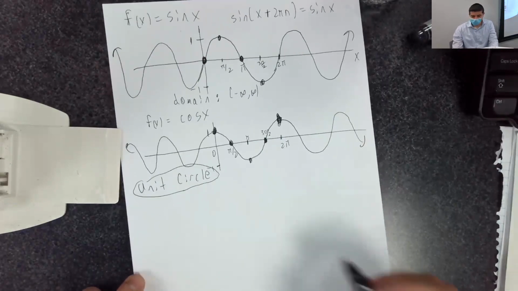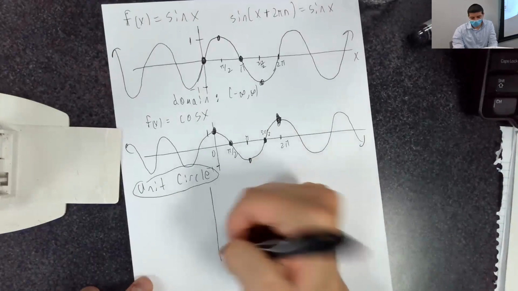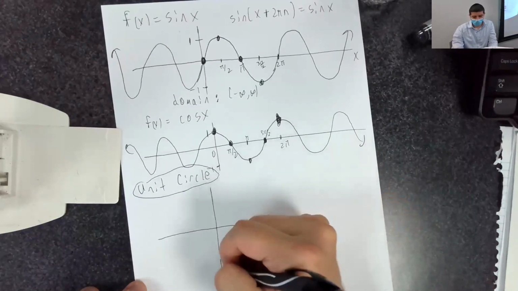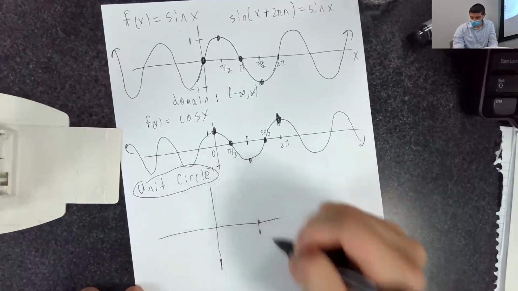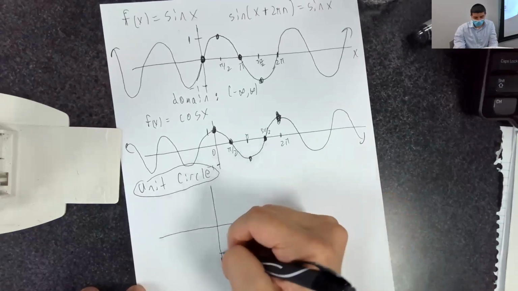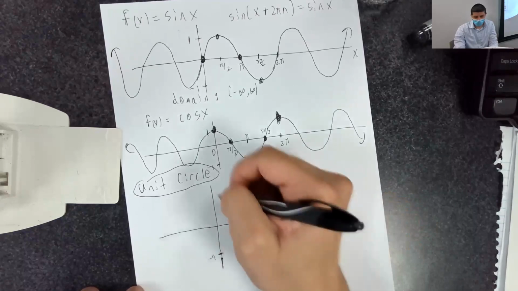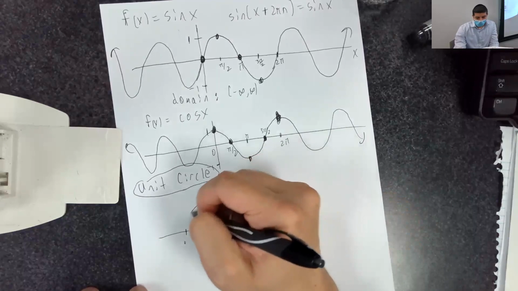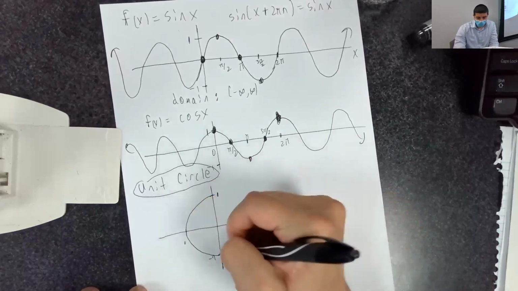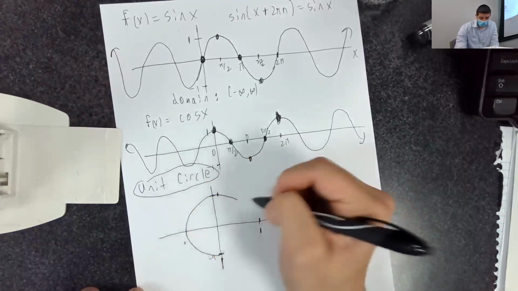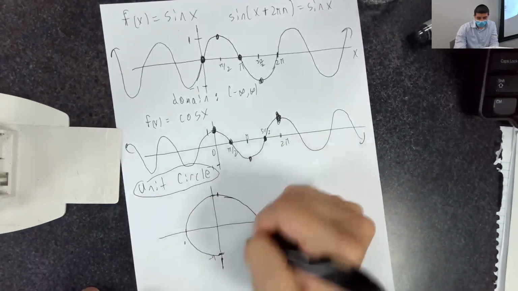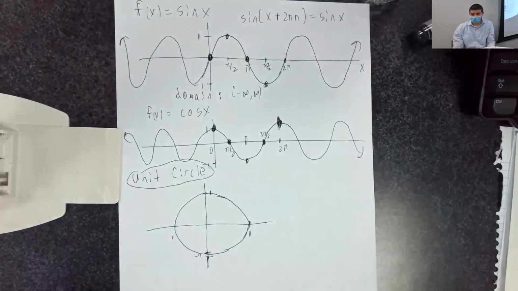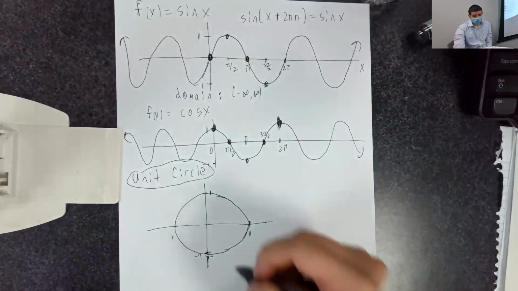So the way it works is that you draw a circle with a radius of 1. Circles look awful, so oblong and oval, but it's really a circle.